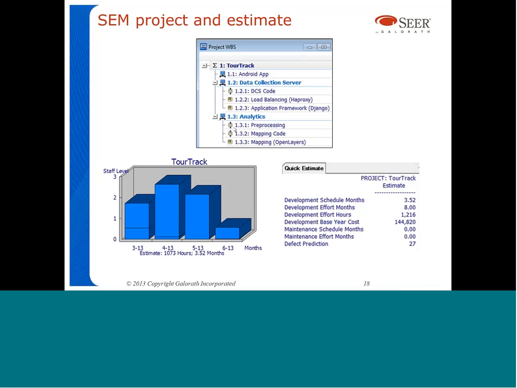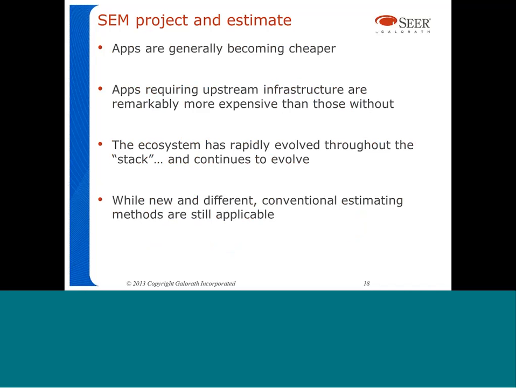Well, that, in a nutshell, is my exploration through app development. I'll just summarize this with a few major points. I believe that apps are generally becoming cheaper, despite that horrific, or some would say fabulous, slide that I showed you about Instagram.